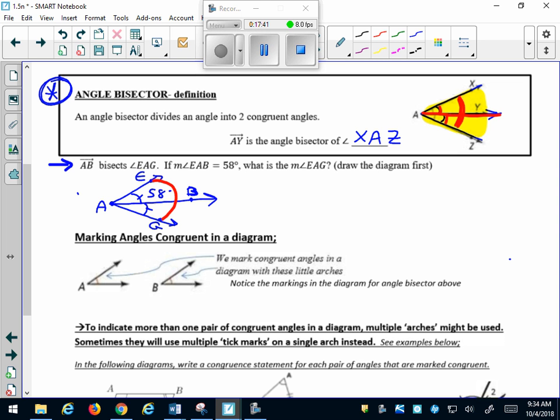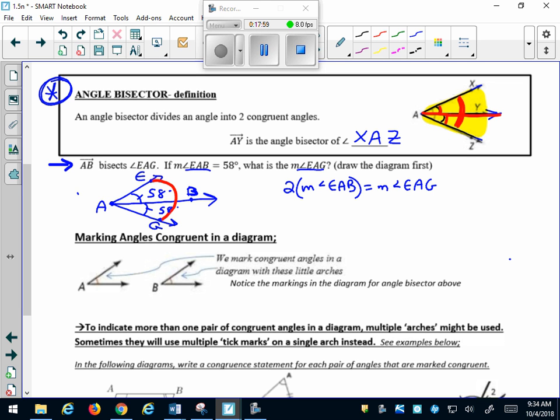Well, if this is 58, this has to be 58. So one way of thinking about this is 2 times the measure of angle EAB equals the measure of angle EAG. That's the way those two angles are related.